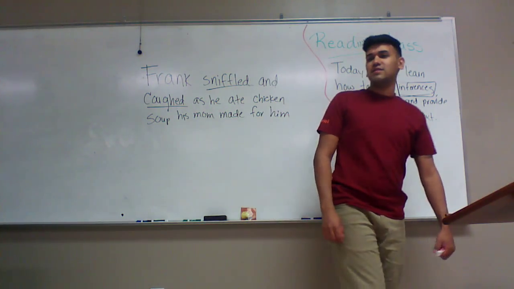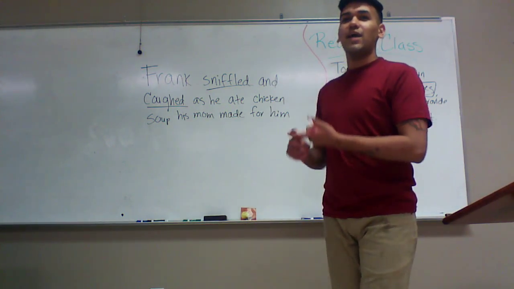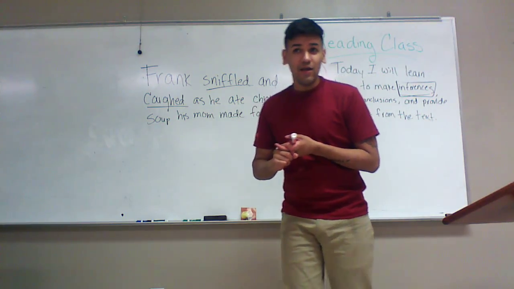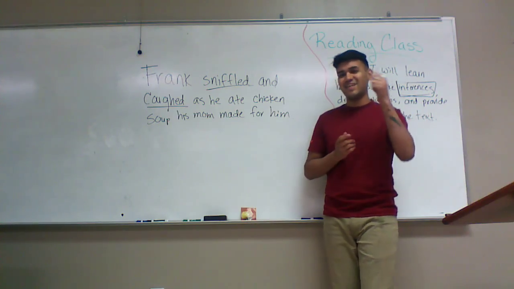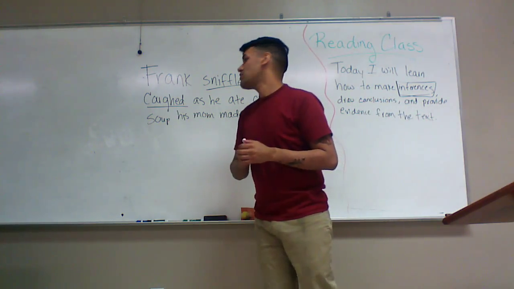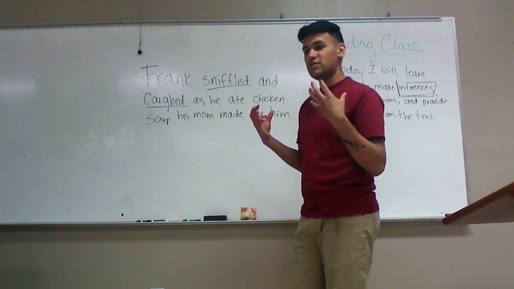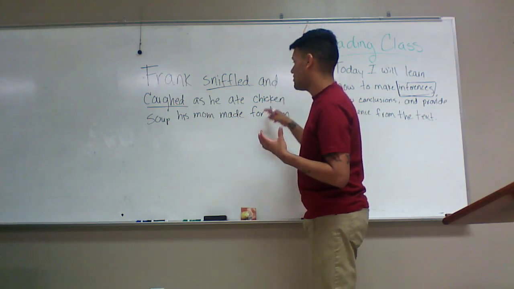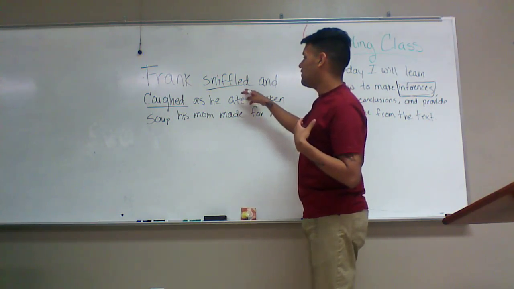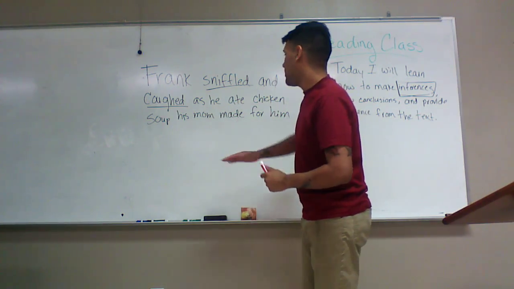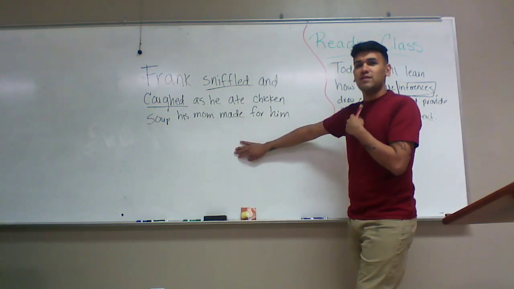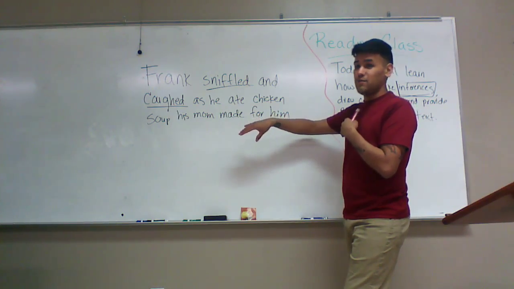So when your mom makes chicken soup for you, it's either cold outside or you are sick. Awesome. So here, let's use our knowledge. We know that we eat chicken soup when we're sick. We sniffle and cough when we're sick, correct? So that's our prior knowledge. But here it doesn't tell us that Frank is sick, correct?